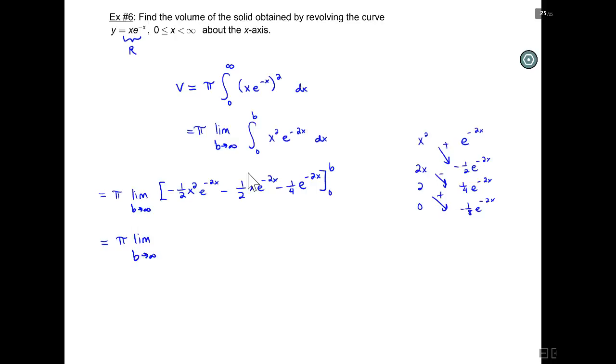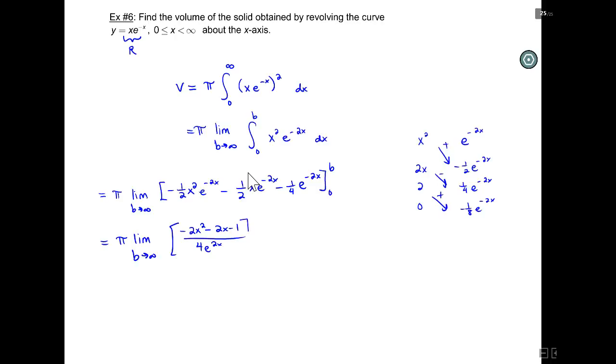Okay, so there's quite a bit of factoring out. I can factor out an e to the negative 2x, and I can also do a little bit of algebra. So I'm going to clean this up here. I get negative 2x squared minus 2x minus 1 all over 4e to the 2x. Actually, let me put brackets.